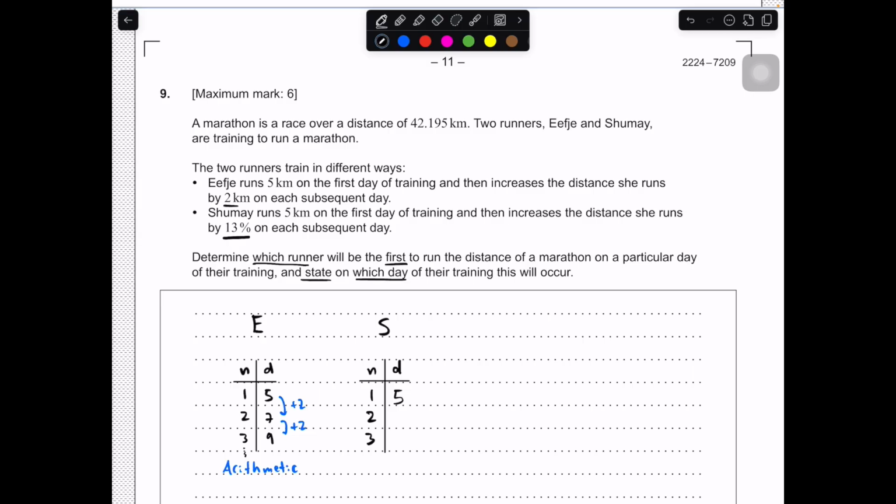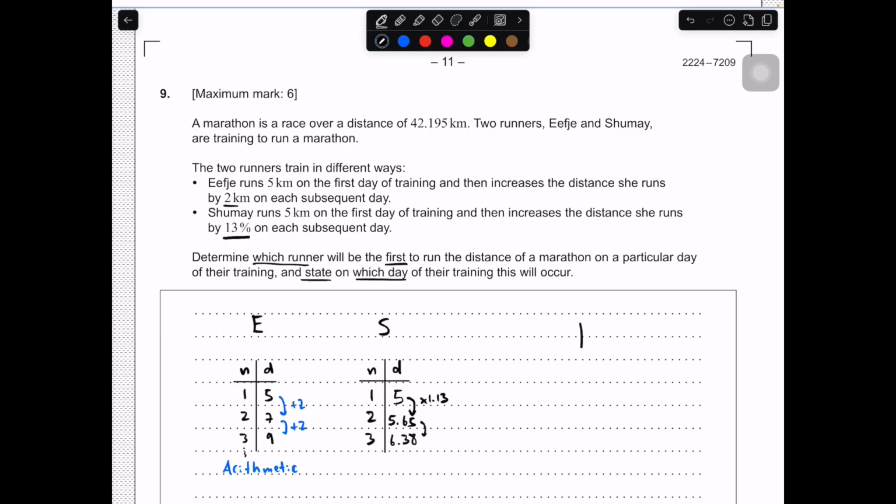So in this case, she's not just running 5 kilometers, she's running 13% more. So 100% of what she did, that 5 kilometers plus another 13%, or 113%, or 1.13 times as much. So 5 times 1.13, she runs roughly 5.65. And then further on that, it's another 1.13, and she runs 6.38 on the third day, and so on and so on.